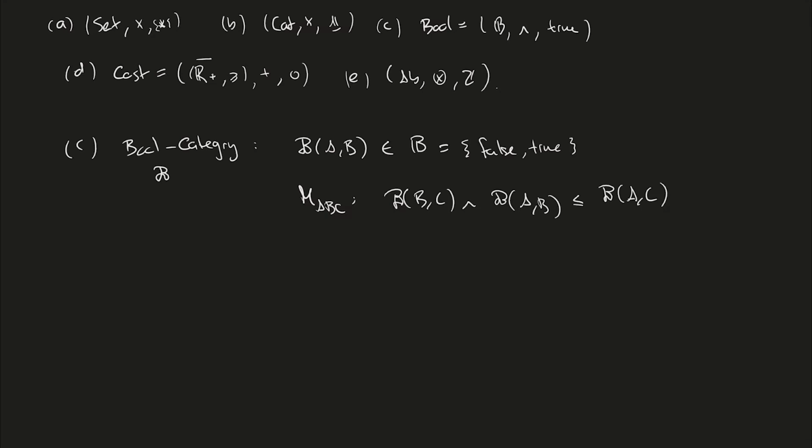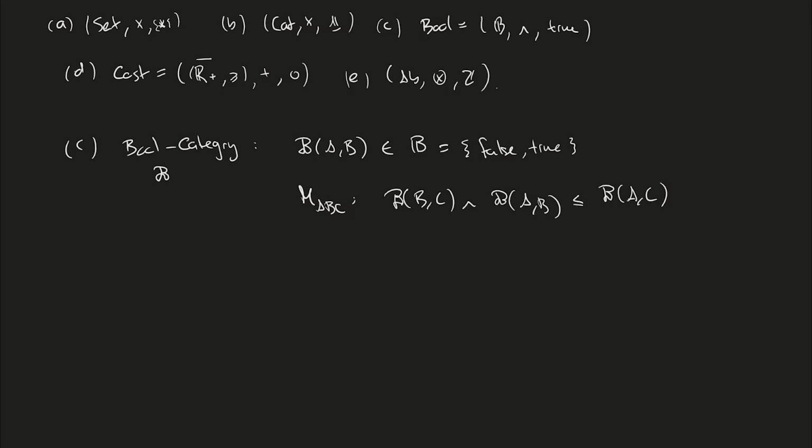What is this telling us? Well, really, because these operations are so restrictive, this is more imposing a condition on the way that our Bool category is structured rather than being some sort of composition law.